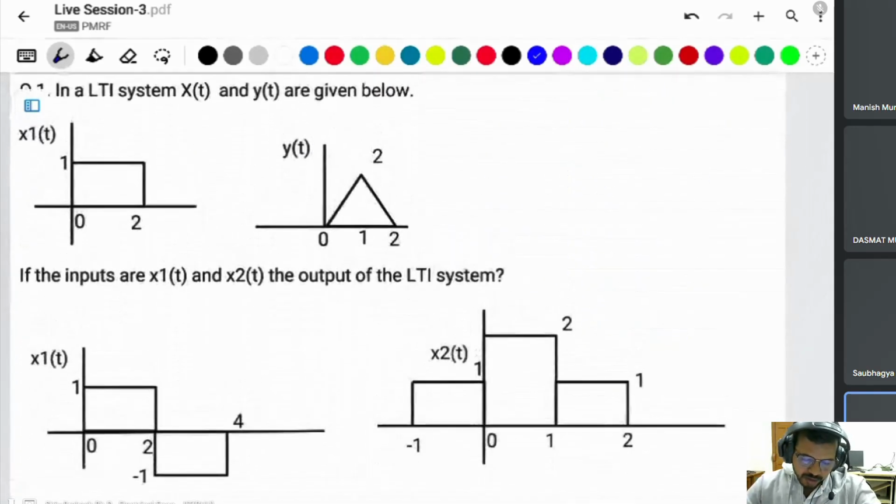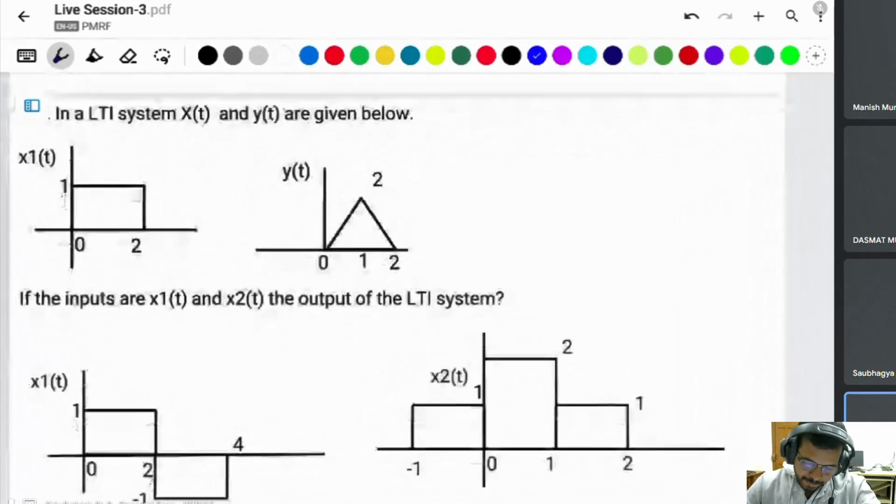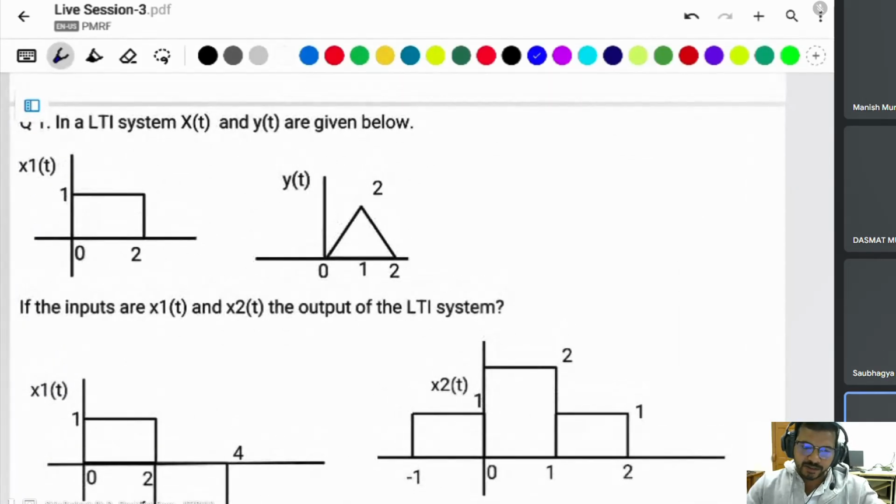Okay, let's check questions here also. There is an LTI system. Given some input x1(t), a step input from 0 to 2, and the LTI system processes it, I'll say there is some system, and some component in the system made this input into a triangular output.